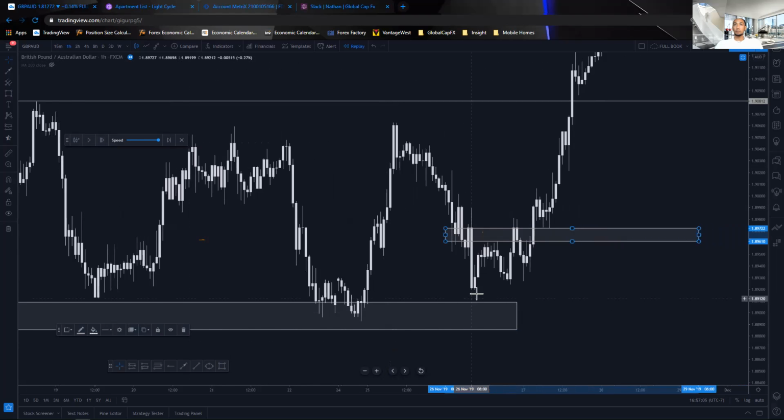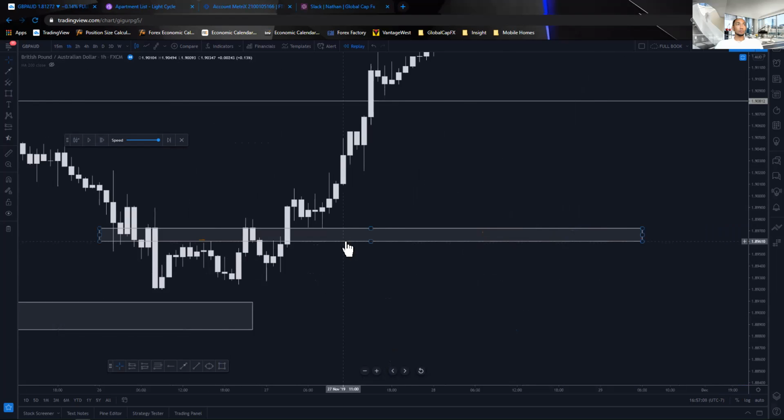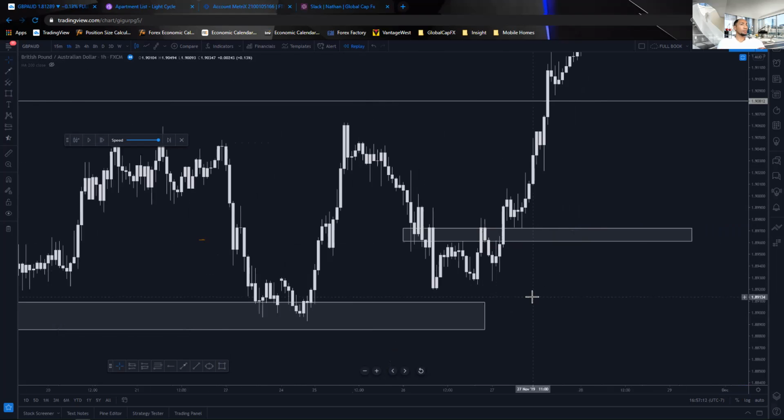Do you see why I put this box? So there is a rejection candle all the way to the left. And then over to the right there as well.